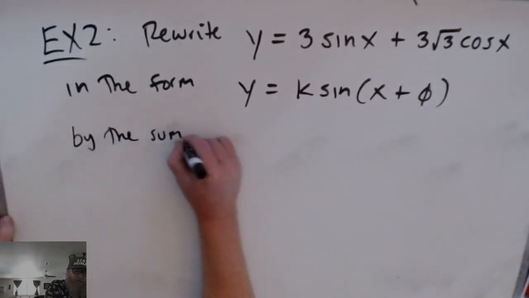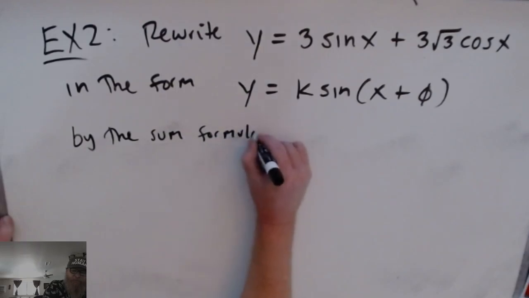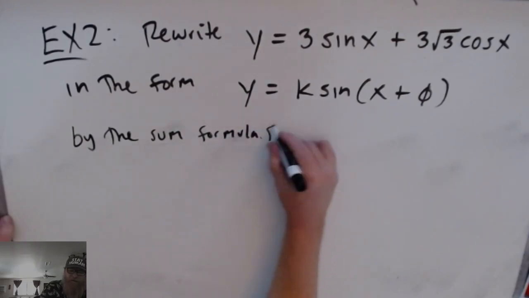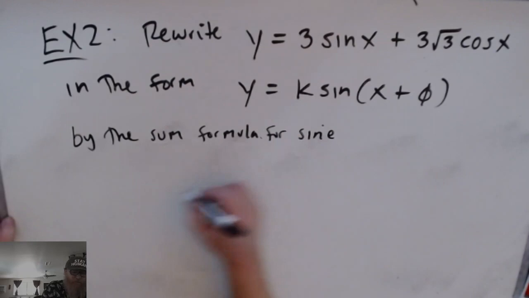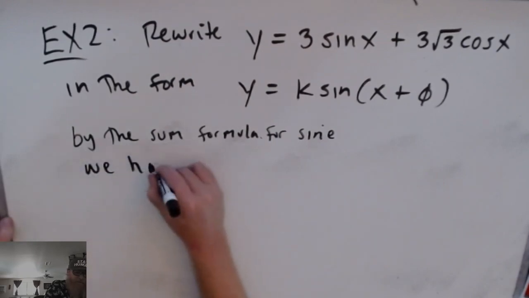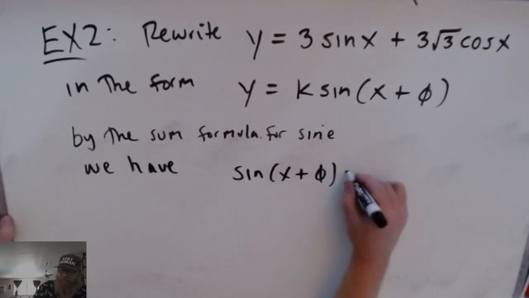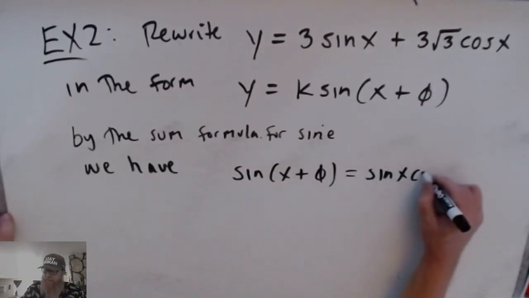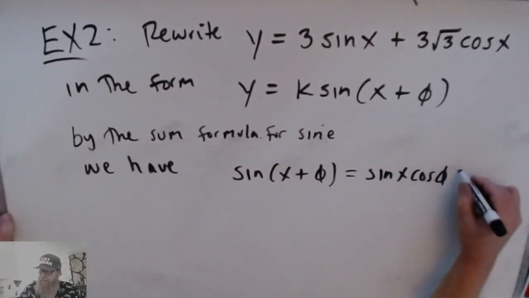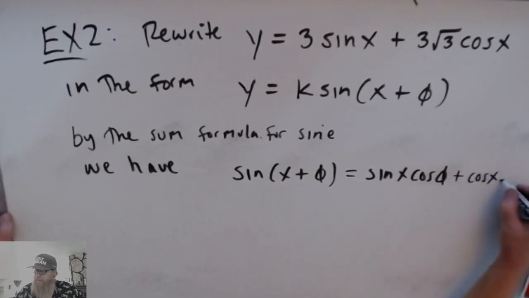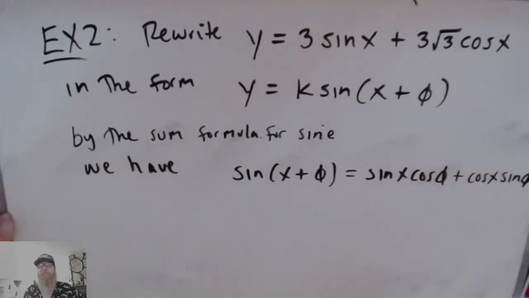So by the sum formula for sine, we have sine of (x plus phi) is equal to sine x cosine phi plus cosine x sine phi.